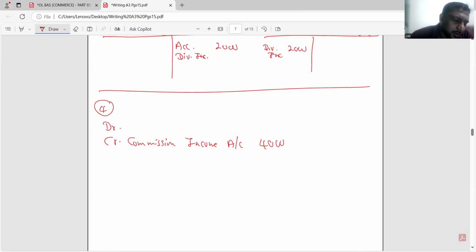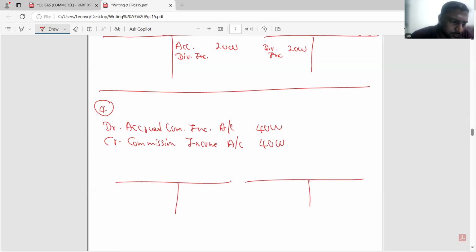Debit accrued commission income account 4,000.